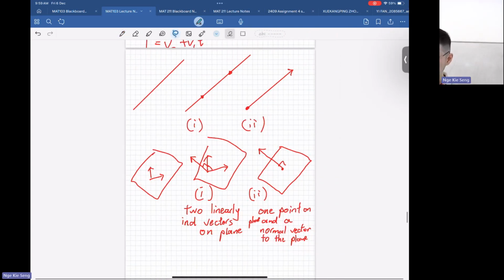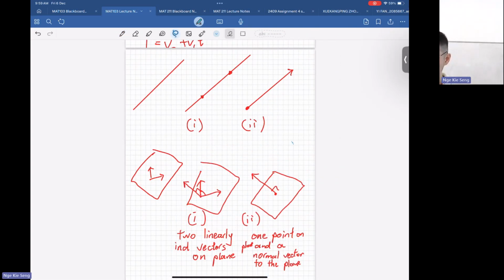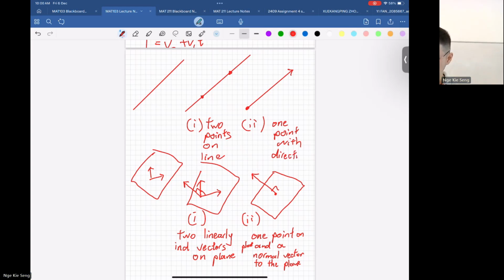For the other case, what do we have? 2 points on the line, or 1 point with a direction vector. These are the ways that you can make a line equation. Let's take a break until 10:10. We'll continue with examples of space curves.